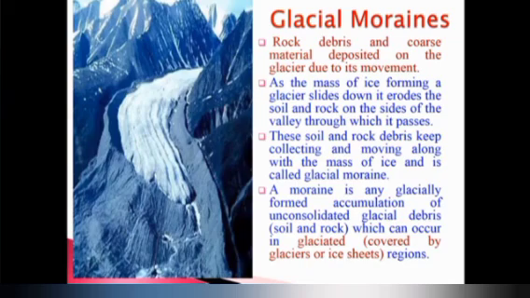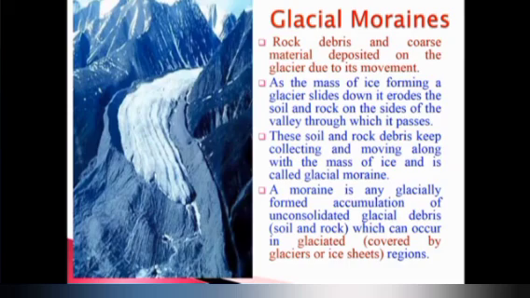As the mass of ice forming a glacier slides down, it erodes the soil and rock on the sides of the valley through which it passes. These soil and rock debris keep collecting and moving along with the mass of ice and is called glacial moraine.